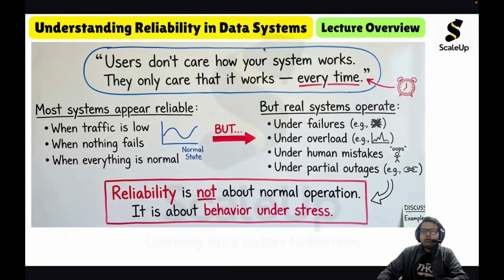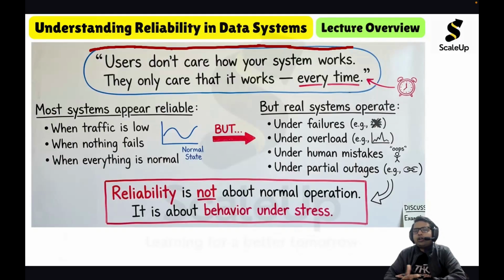So, if we look at the lecture overview, what exactly we will be discussing in this lecture: understanding reliability in data systems. The idea is, if we talk about the end users, they don't care how your system works. They are not at all concerned about the internal working of the systems.